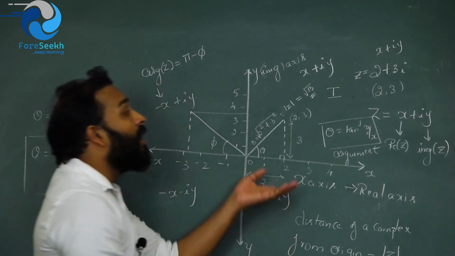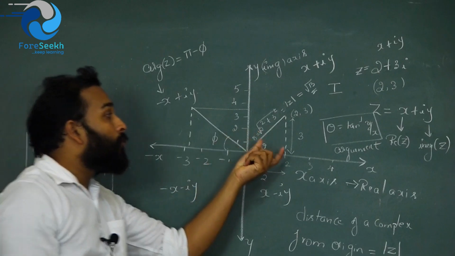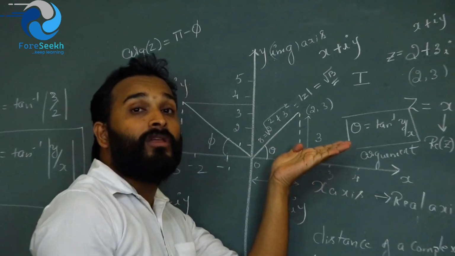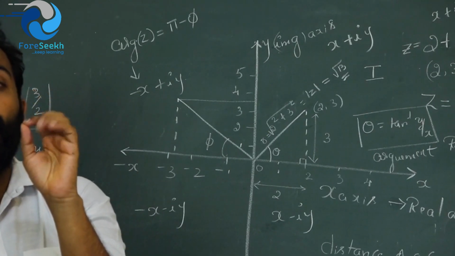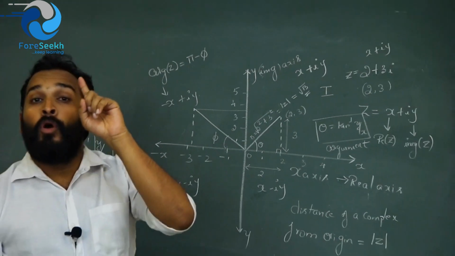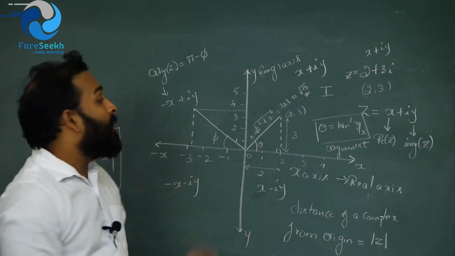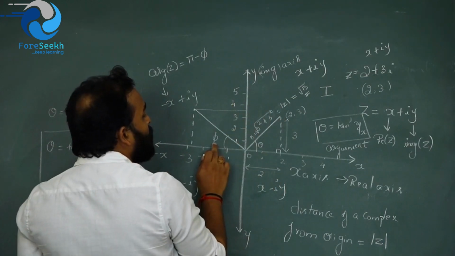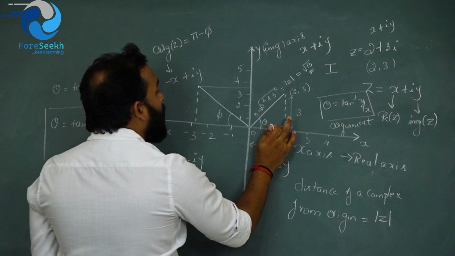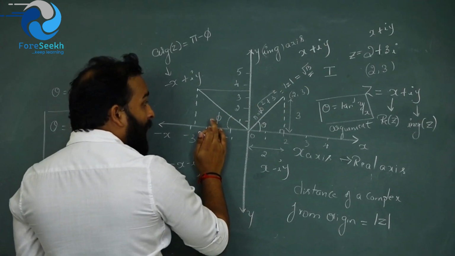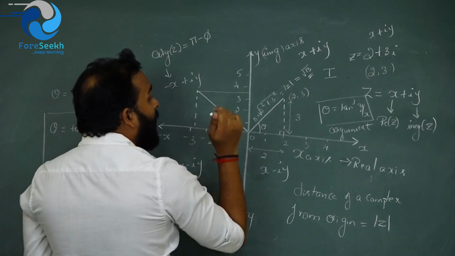When we were discussing the argument in the first quadrant, we discussed that you always measure the argument, that theta, with respect to the positive x-axis. Now if you are measuring from the positive x-axis, it is making an angle phi with the y-axis. So if you are measuring from here, what is this? The entire angle from here to here is pi, and minus phi will give you this angle.